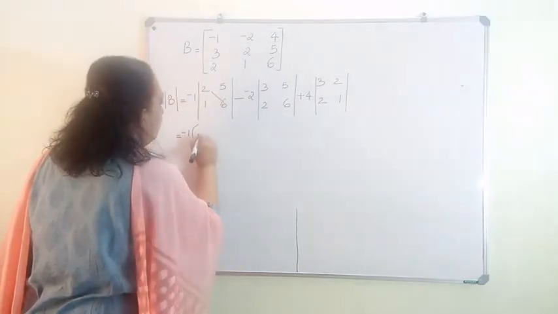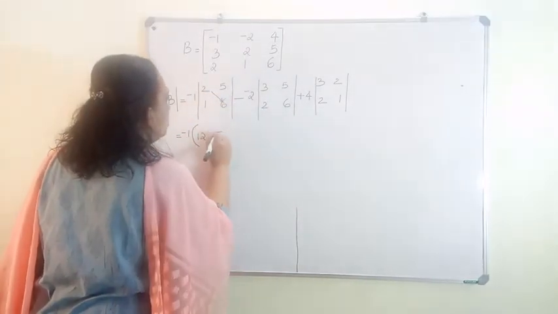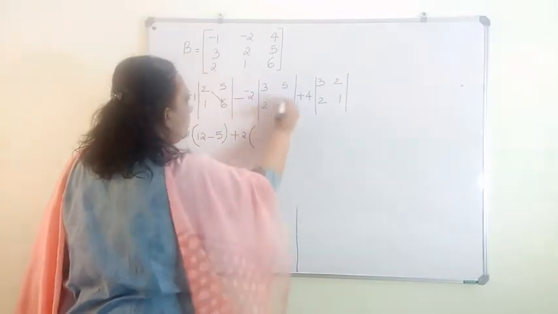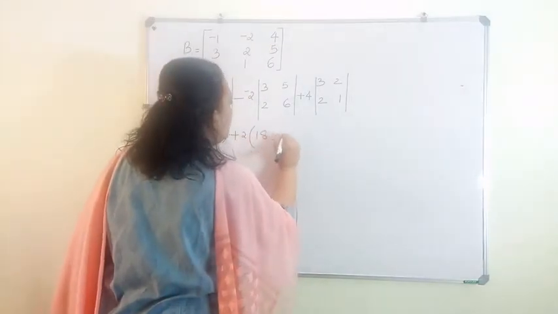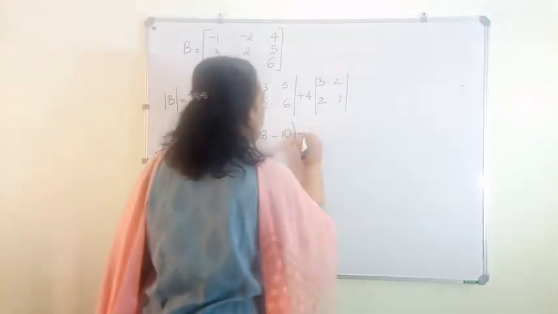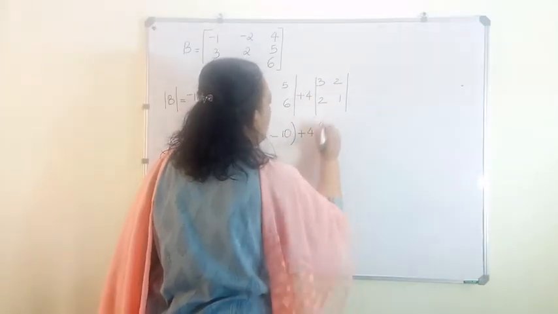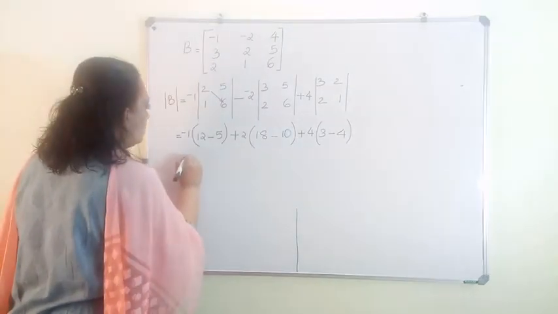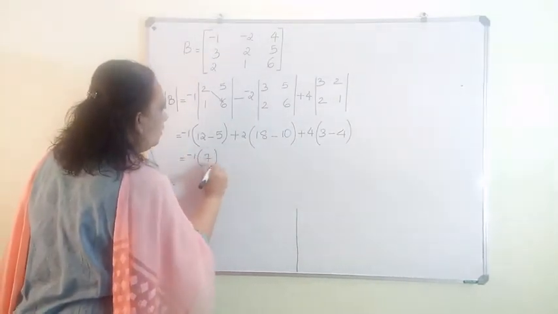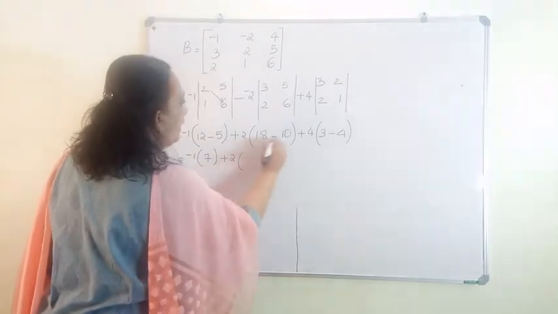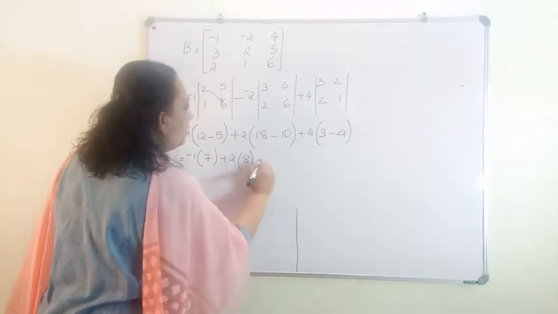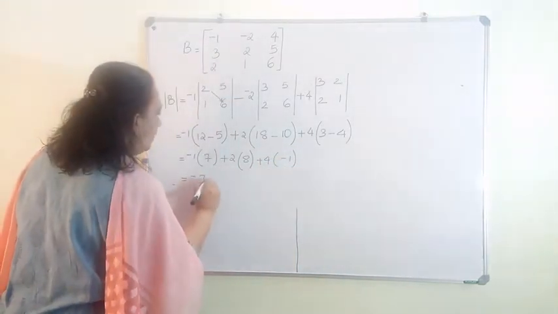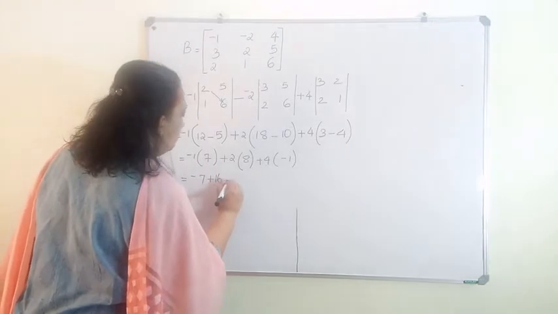Which is equal to minus 1 into 2, 6 are 12, minus 5 into 1, 5. Minus of minus, plus 2 into 3, 6 are 18, minus 2, 5s are 10, plus 4 into 3 into 1, 3, minus 4, which is equal to minus 1 into 7, plus 2 into 18 minus 10 is 8, plus 4 into minus 1, which is equal to minus 7 plus 16 minus 4.